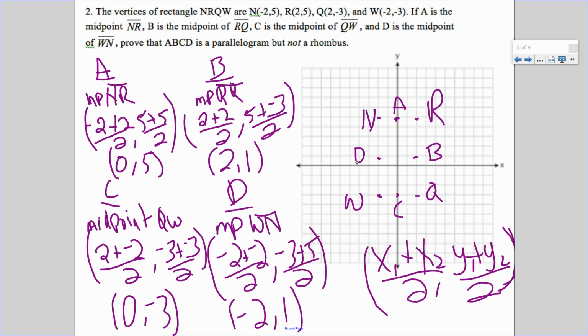There you go. Now it wants us to prove that ABCD is a parallelogram, but not a rhombus.